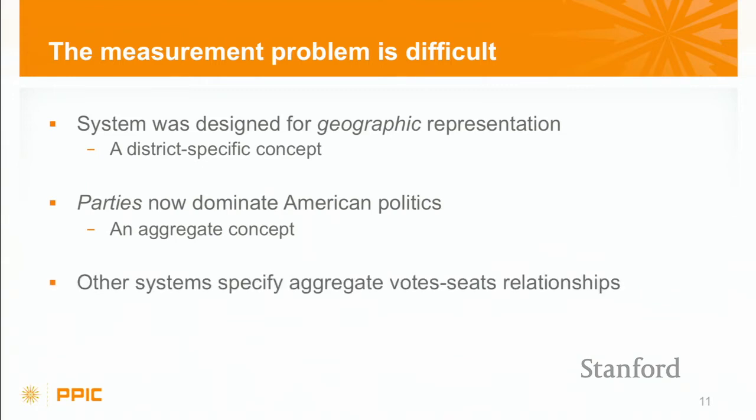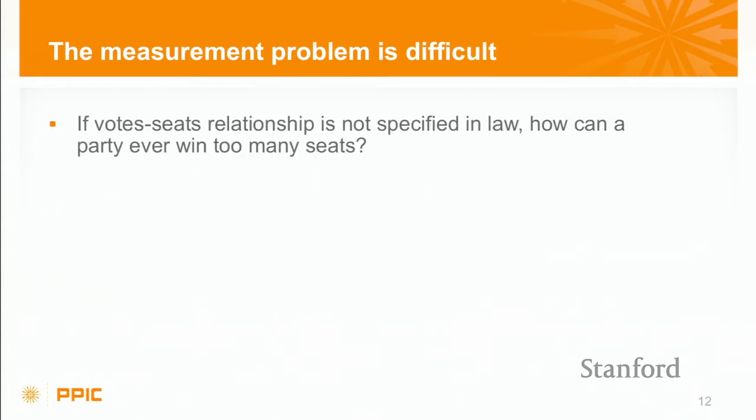Now, other systems get around this particular problem by actually specifying an aggregate vote-seats relationship. Like a PR system, a proportional representation system, will say, hey, for every 1% of the vote, you should get 1% of the seats. And that's specified at the aggregate level. There's no district-based component to it. So the basic problem is if the votes-to-seats relationship at the aggregate level is not specified in law, then how can you say that a party ever wins too many seats?